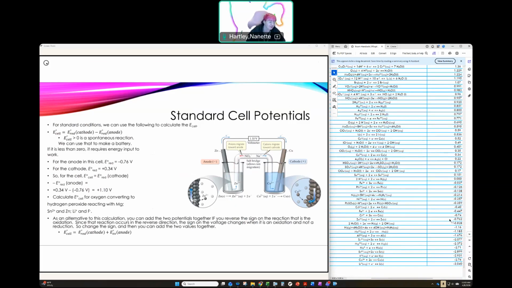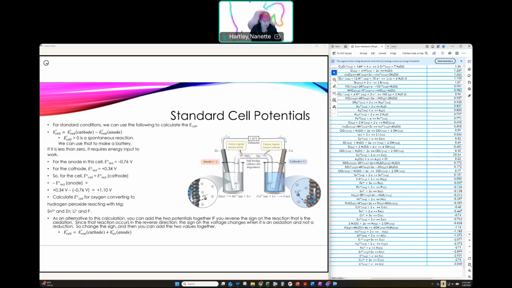I didn't include the third digit. So for the cathode, we were looking at the copper half reaction. And so if I come down here, oh, no, it's not the right one. So it's up here, Cu2+ plus 2 electrons goes to Cu solid, and that's 0.34. So those are two values exactly as I read them out of the table.